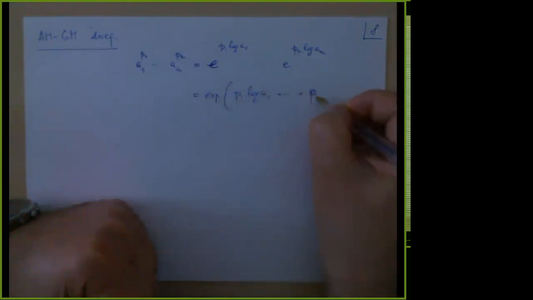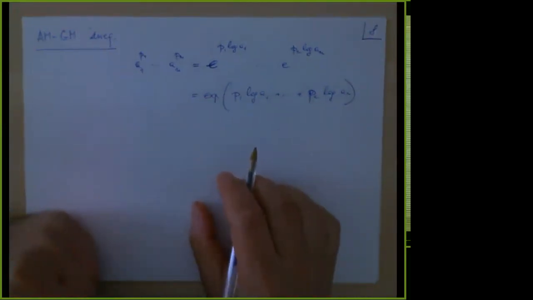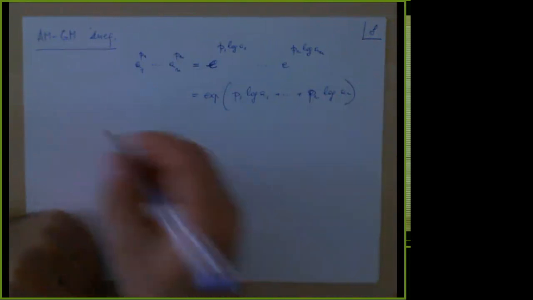And so we will write this as follows: a1 to the power p1 can be written as exponential of p1 log a1, and the same can be done for all of the other terms. So this can be written as exponential of p1 log a1 plus ... plus pn log an. Now I definitely hope that this has been seen before.